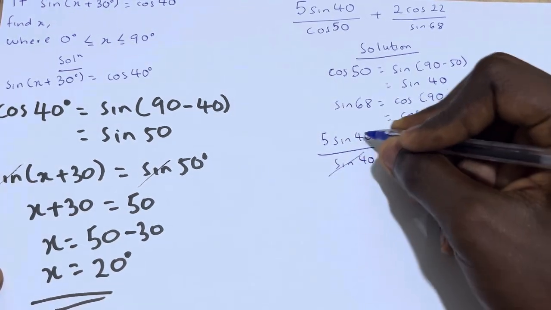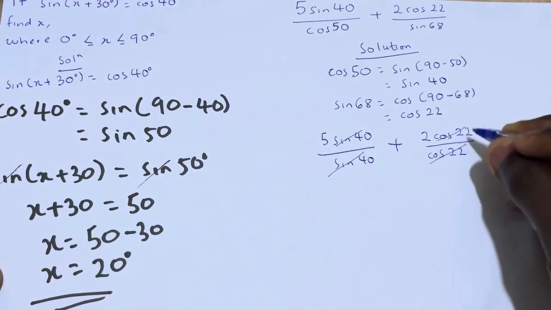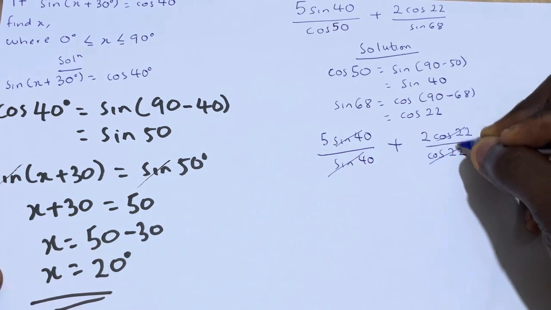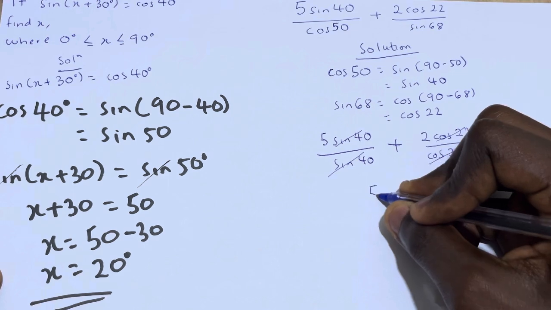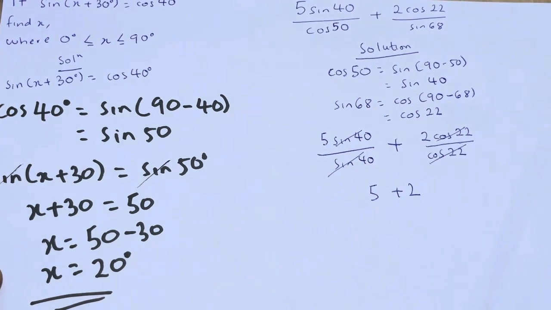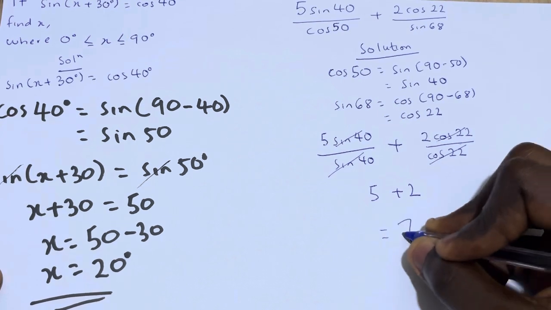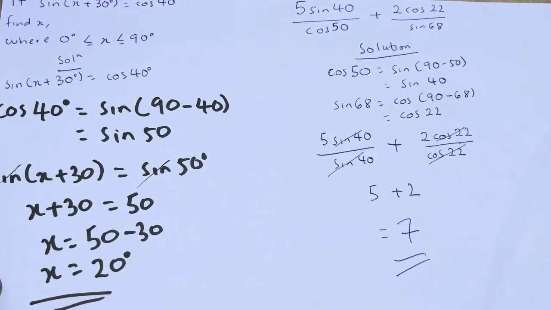So you can just cancel out because they are similar. Are you getting it? So we have this to be 5 plus 2. From our normal addition, 5 plus 2 is equal to 7. So this is the answer for this question.